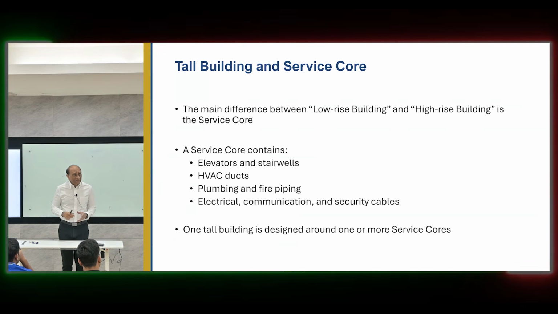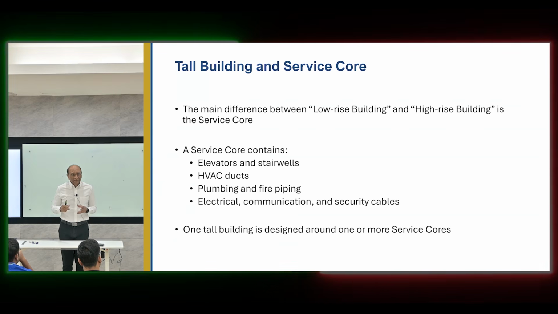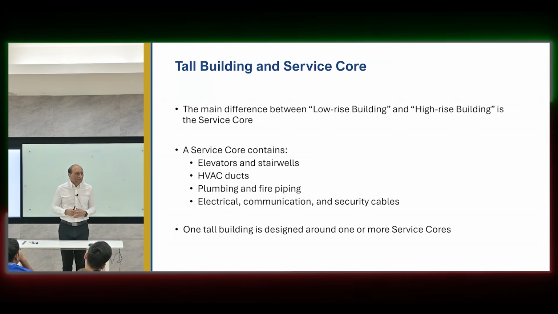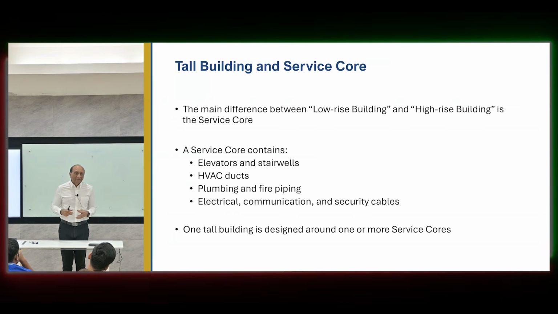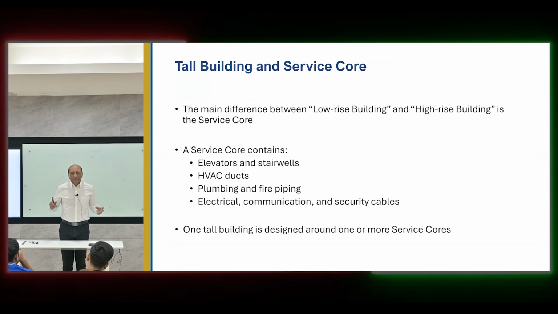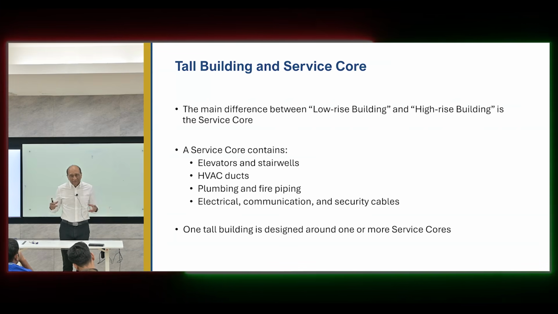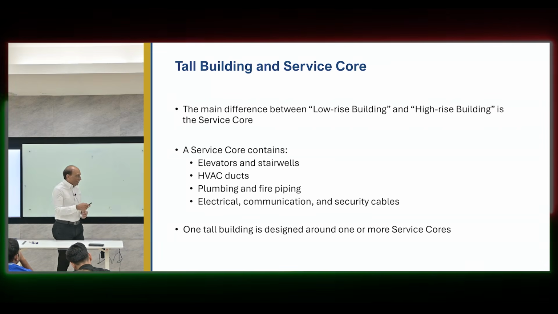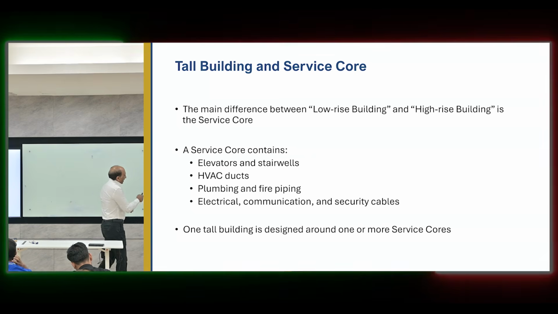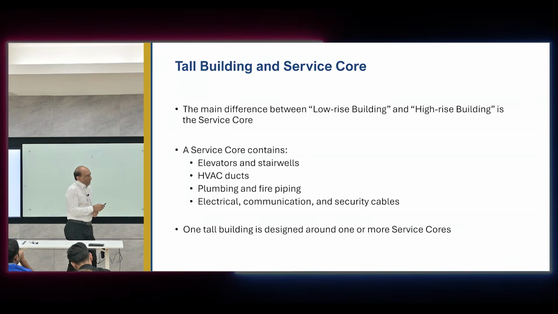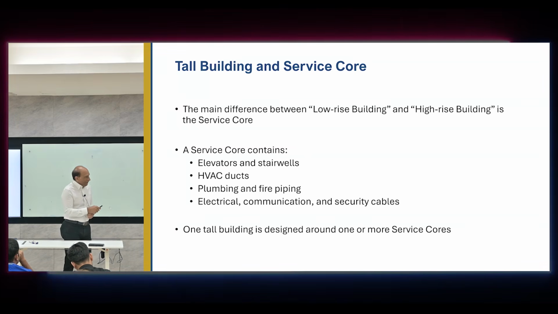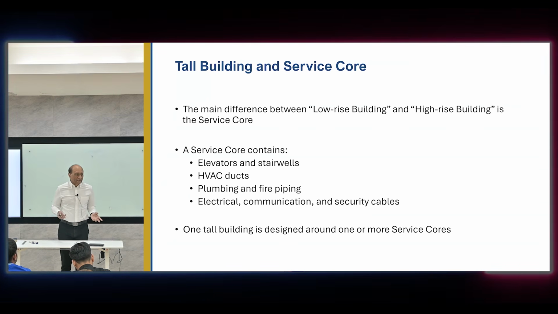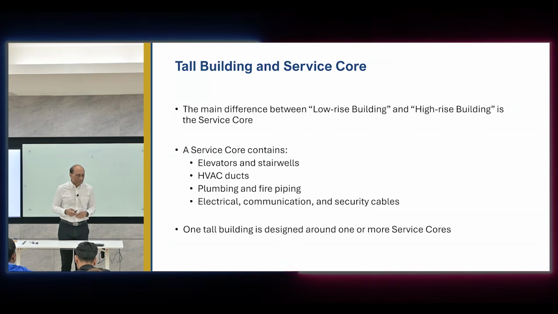As you can imagine, as the building becomes taller, with more floors and more people, more space is needed for the core. To some extent, certain buildings have no space left to rent. That's why the core size is so critical. All of these people are trying to find space within the core, and the architect's job is to reduce it as much as possible because they don't want to lose the rentable space, right?